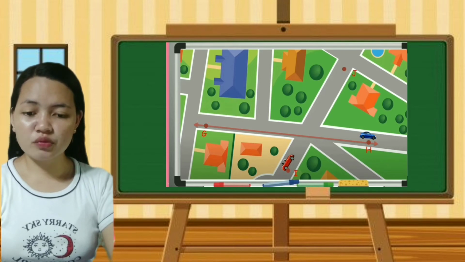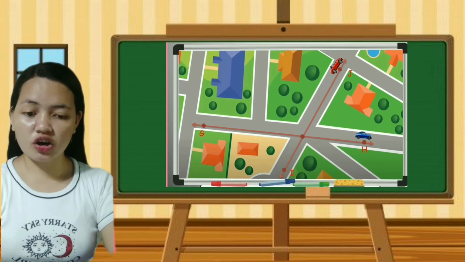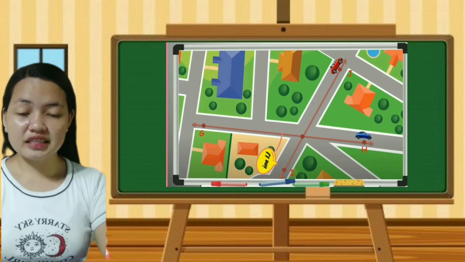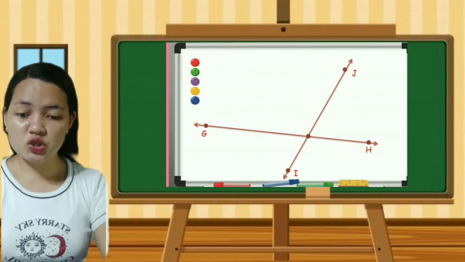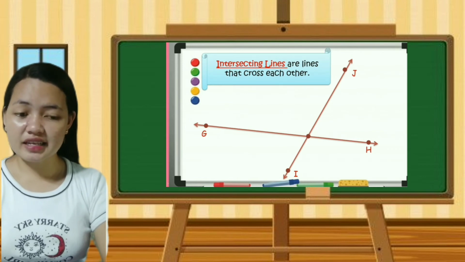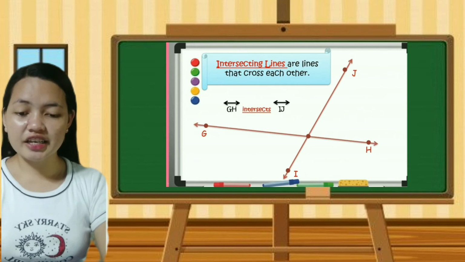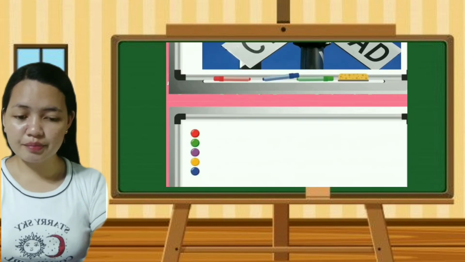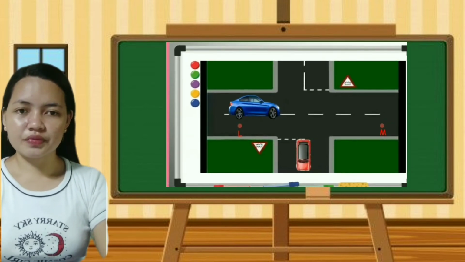Then the red car moves from point I to point J. If we represent the movement of the car using a line, we can say that the lines meet at the center point, and this is what we call intersecting lines. So we can say that line GH intersects line IJ, and they meet at point P. Here are some examples of intersecting lines.